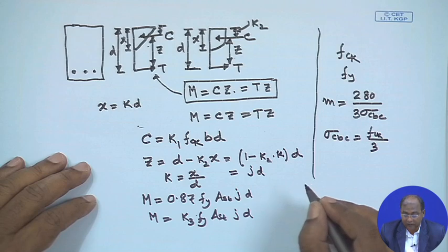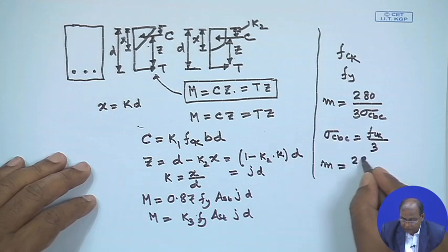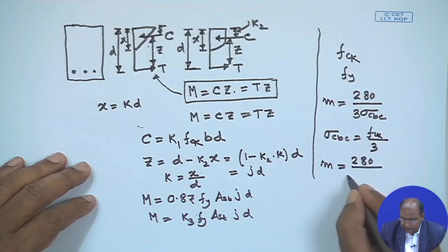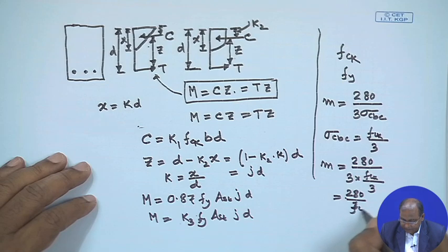So, m equal to 280 by 3 into fck by 3, which comes as 280 by 3 only. So, sorry, fck.